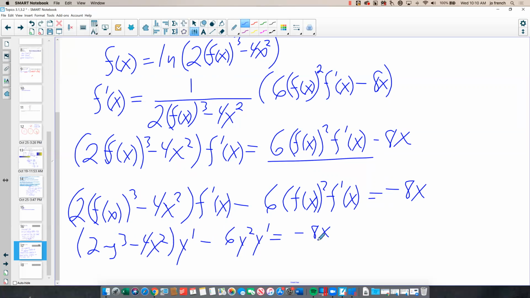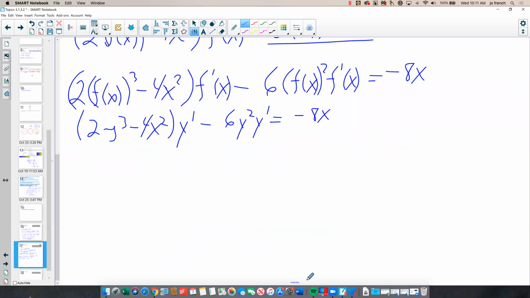The next thing I'm going to do is factor out the y prime from the terms on the left-hand side. So this becomes y prime times 2y cubed minus 4x squared minus 6y squared equals negative 8x.